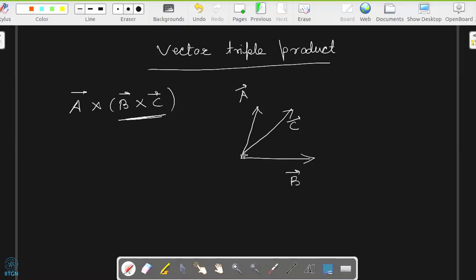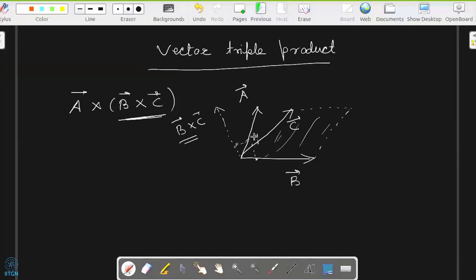A vector which is perpendicular to both vector B as well as vector C. So this should be, let's say, this. It is actually perpendicular to the plane made by vector B and vector C. So this is the plane made by the vectors B and C, and this vector should be perpendicular to this plane.